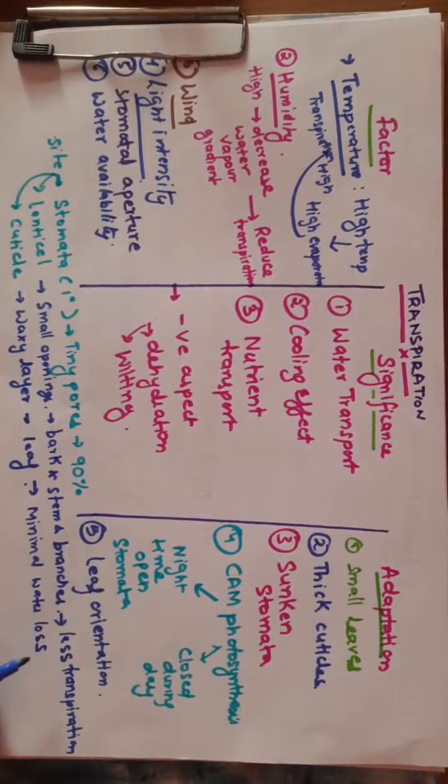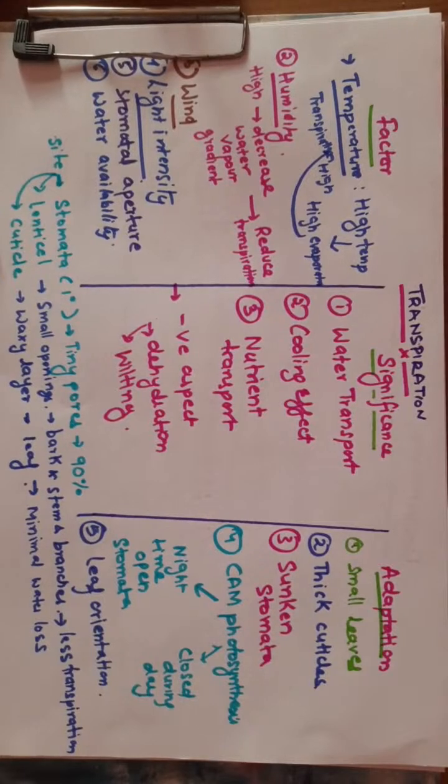So here, students, we learned that the sites for transpiration are the stomata, lenticel and the cuticle. The stomata is the primary site where most of the transpiration occurs; 90% of total transpiration in the plant is due to stomatal transpiration. The second is the lenticel, the small openings in the bark, stem and branches, which contribute to a lesser transpiration rate.